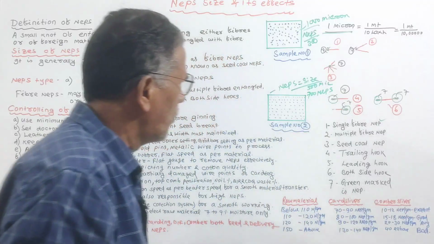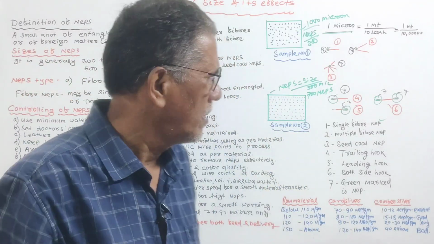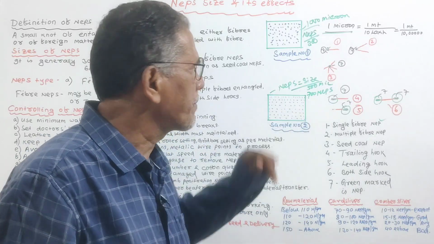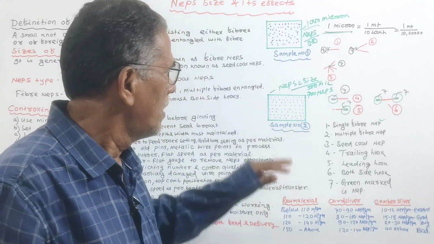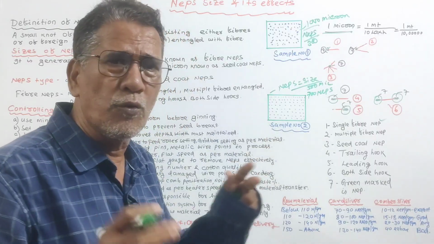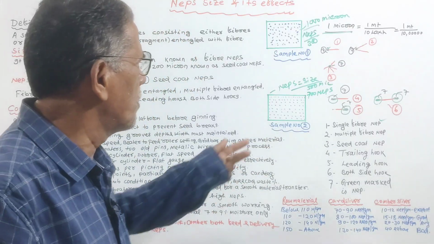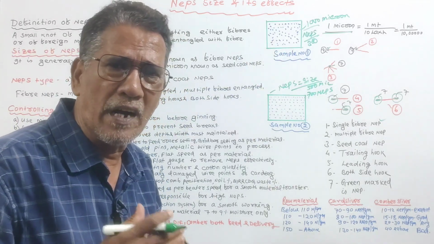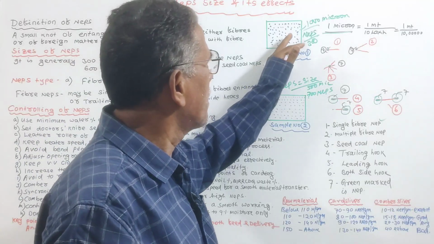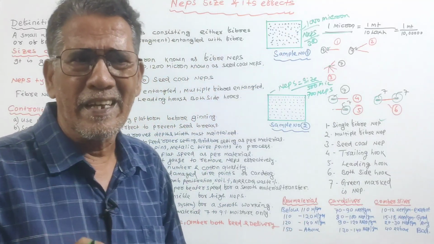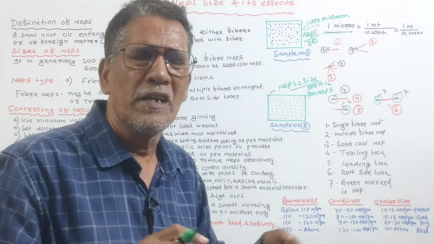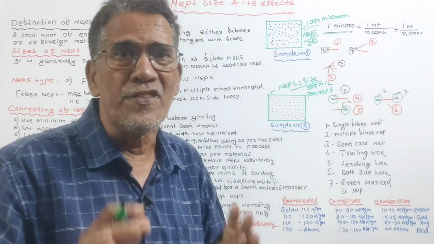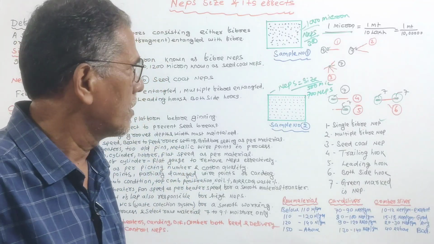Where the nep size is smaller, the fabric appearance will be good. Maybe there are more neps, but the size is small. That means this fabric will be accepted by the party, but the other was not accepted at all, because the nep size is too big and the fabric surface has a very bad appearance, and you cannot sell this type of fabric in the market.